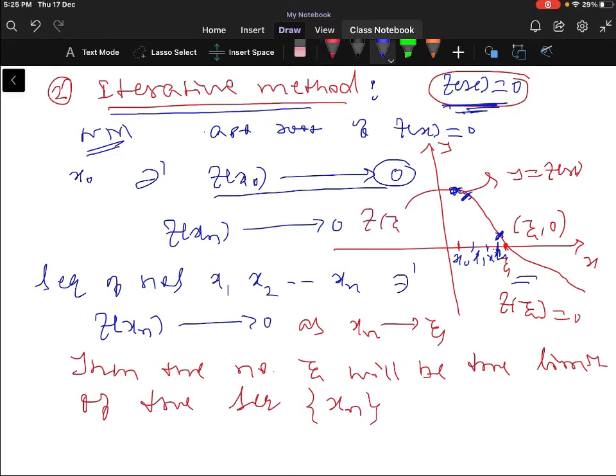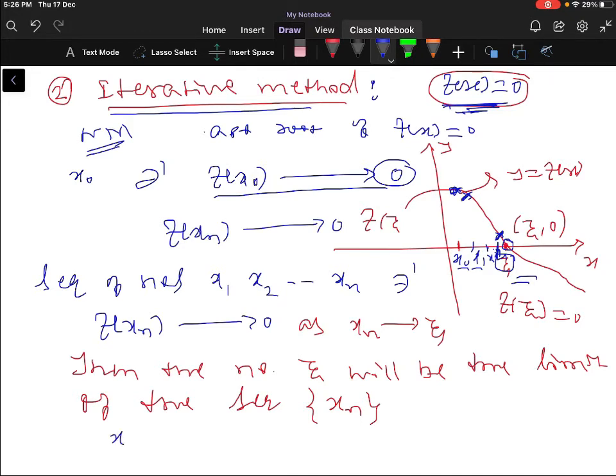xn. From the figure we observe that the successive approximations x0, x1, x2 and so on xn approach the exact root xi. Therefore f of x approaches to 0.